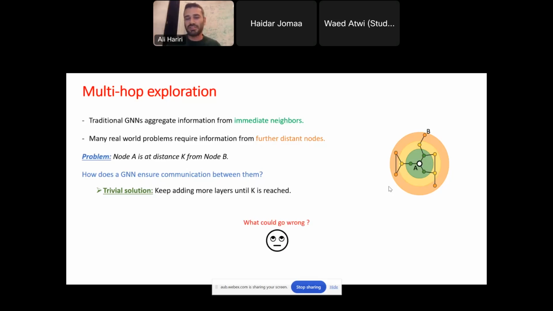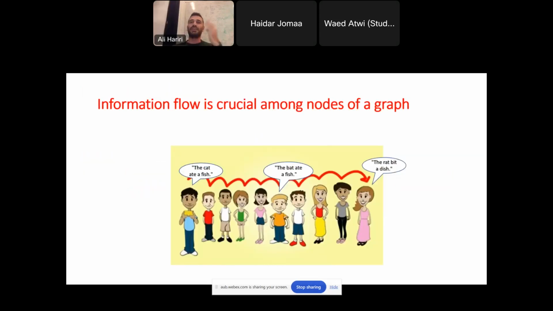But it's not really like that. It's not that trivial if I want to send the information from A to B. And why is that the case? Because graphs, and graph neural networks specifically, like humans, spread information. We spread rumors as humans. We spread talk, but we don't always spread the right information at long distance.